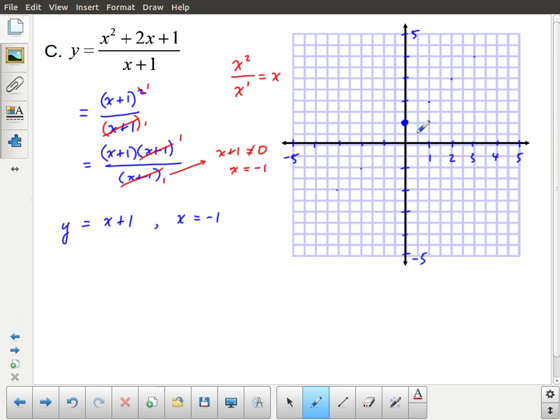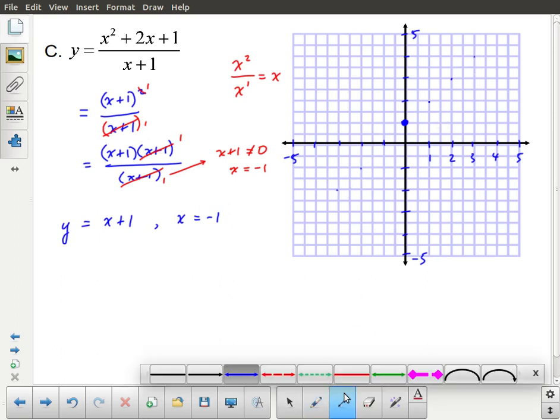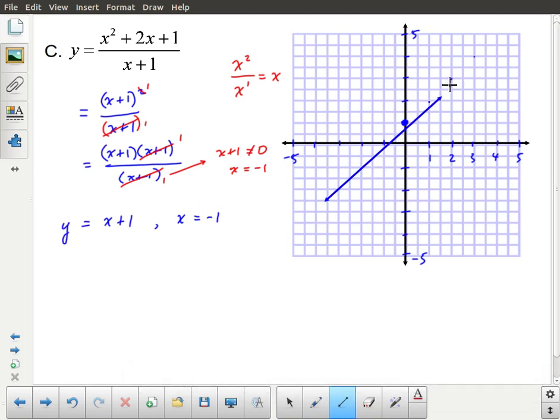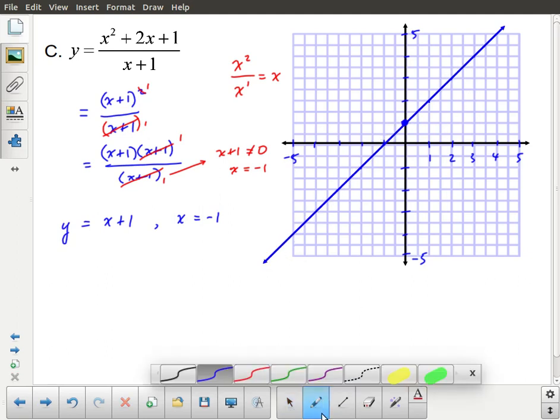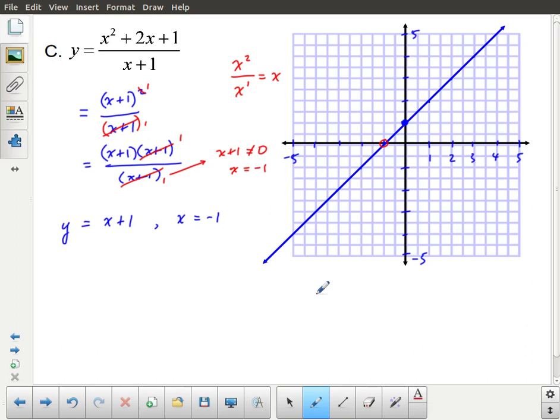You'll notice I'm just putting very fine dots in place this time because I don't want to put in a thick dot and end up with a dot where I'm supposed to have the hole. So I take that, stretch it out. So there is the equation of my line, and now the hole occurs at x equals negative 1, which is right here. And so I put in an open dot at that point, and that represents the hole.